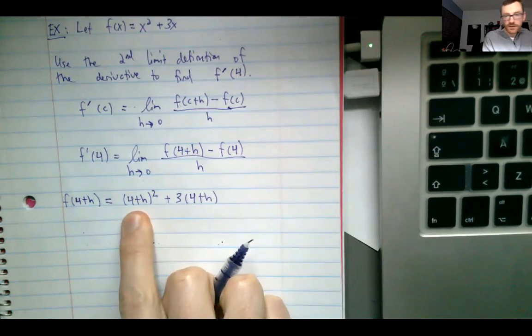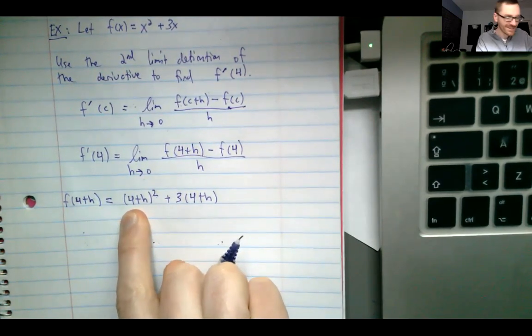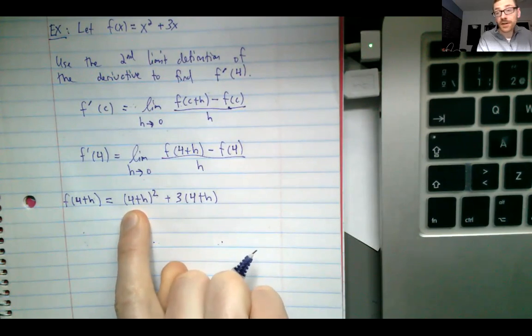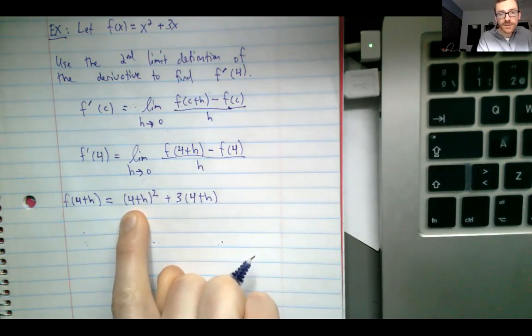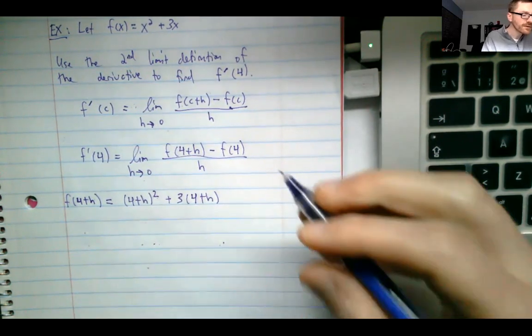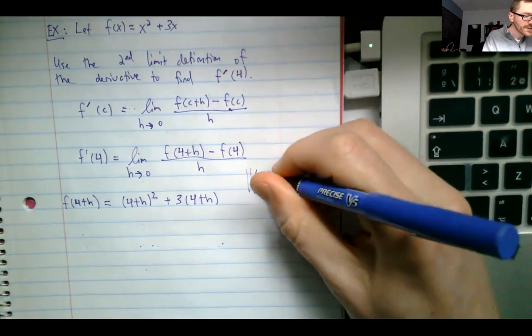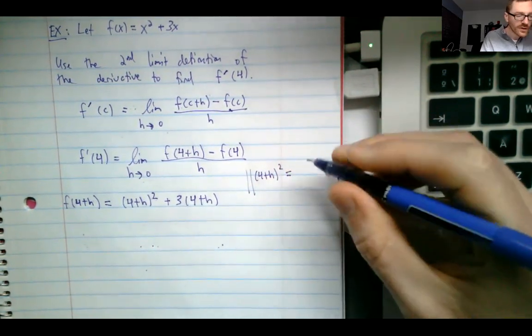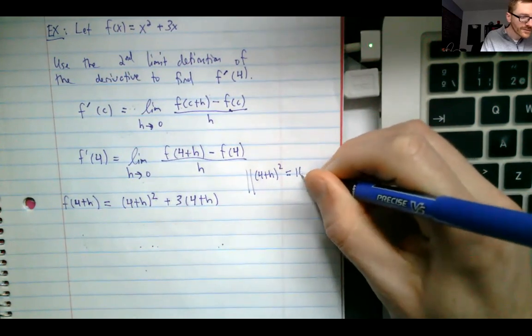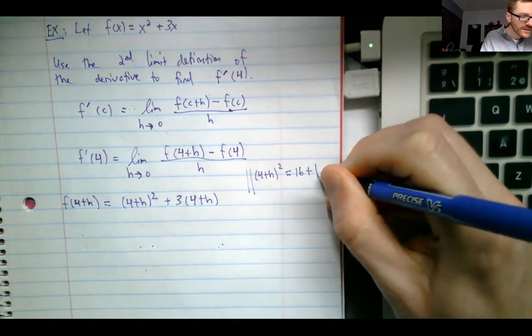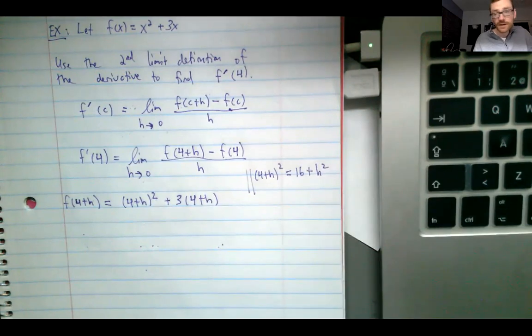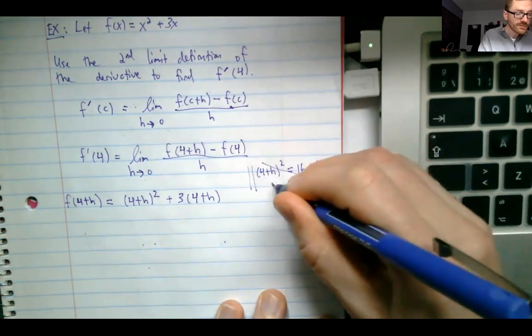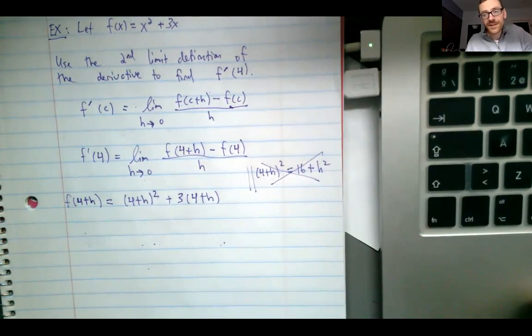Okay, so what is this? Now, by the way, there's a really common mistake here. I think I've probably already mentioned it in this course, but when students see this 4 plus h quantity squared, they very often just say to themselves, oh, that just means I square each thing. That means I square the 4, which is 16, and then I square the h, and that gives me h squared. And guys, that is not true. That is not how it works.